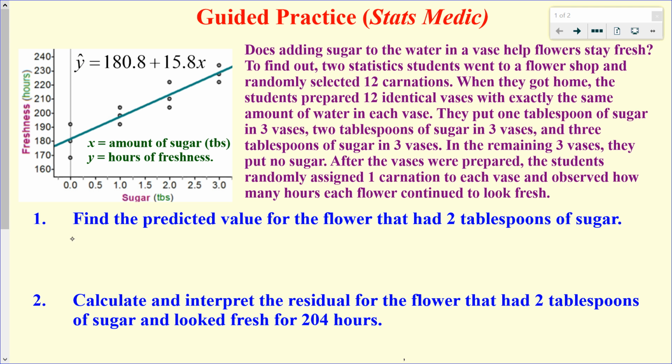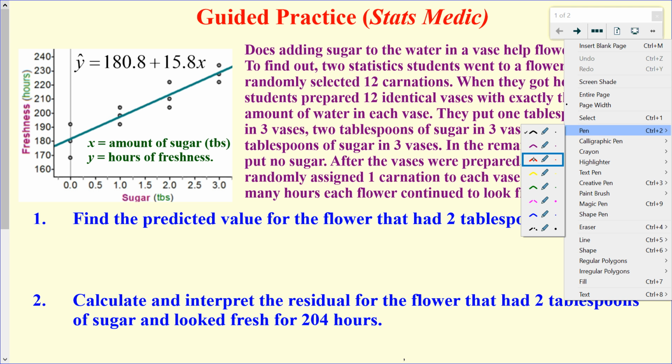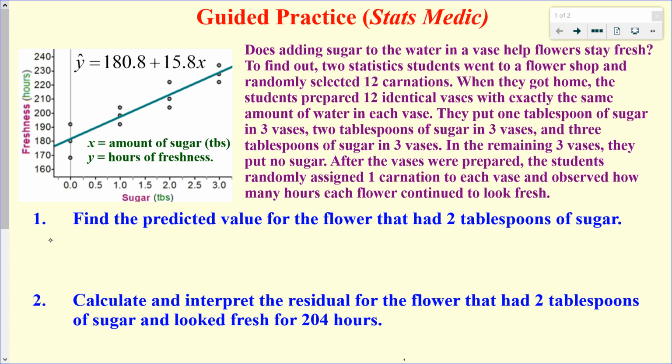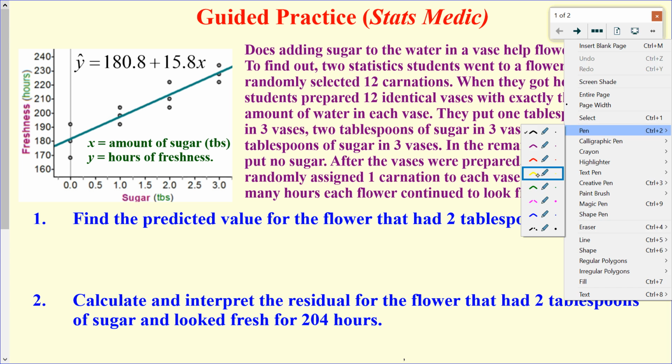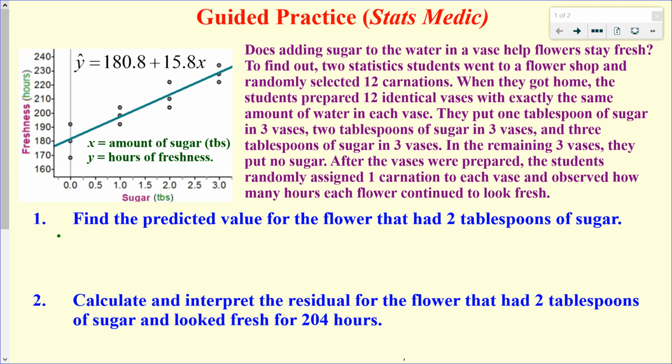So using our equation, y hat, don't forget your hat, we are doing a predictive variable. 180.8 plus 15.8x.